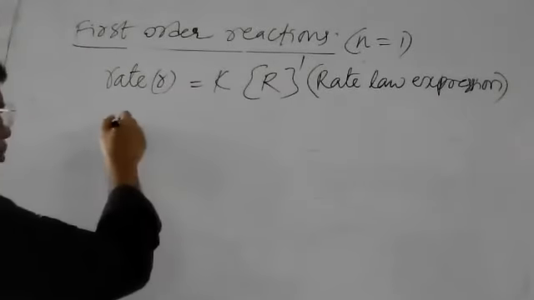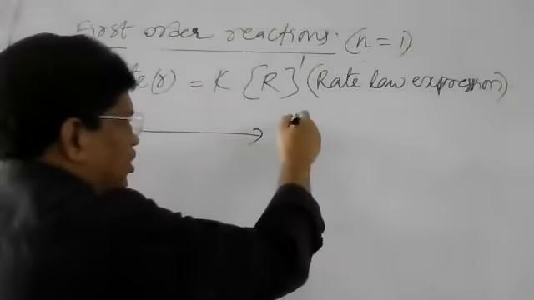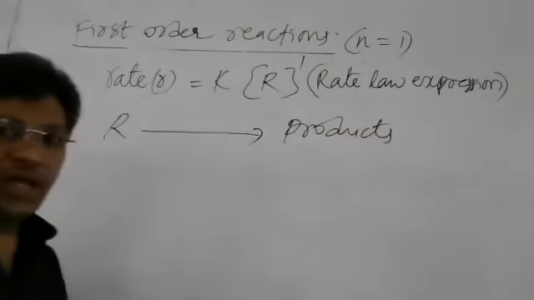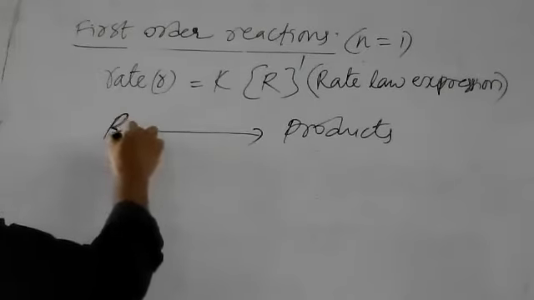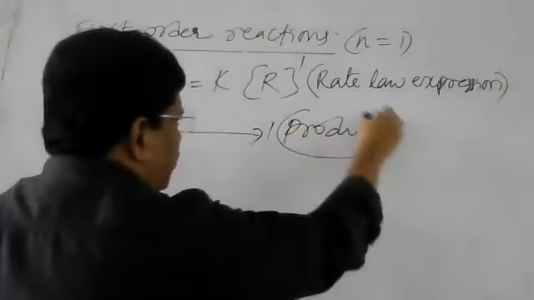Now suppose I'm taking here a reactant giving rise to products. So 1 mole of reactant is giving rise to products. Suppose 1 mole of reactant gives 1 mole of product.